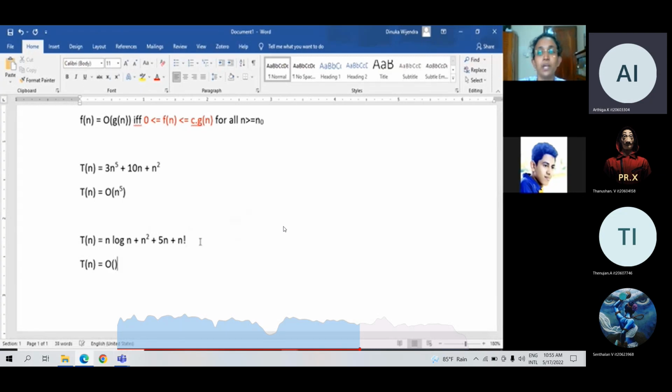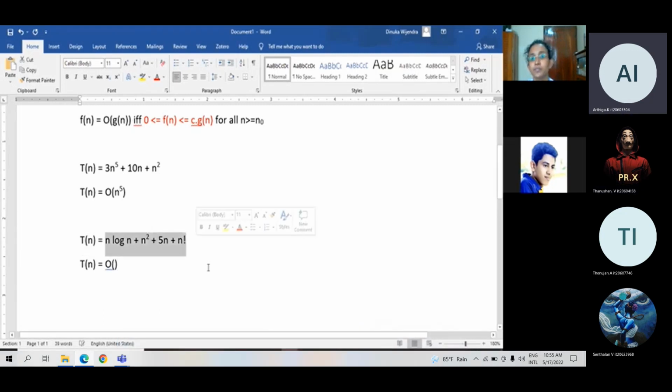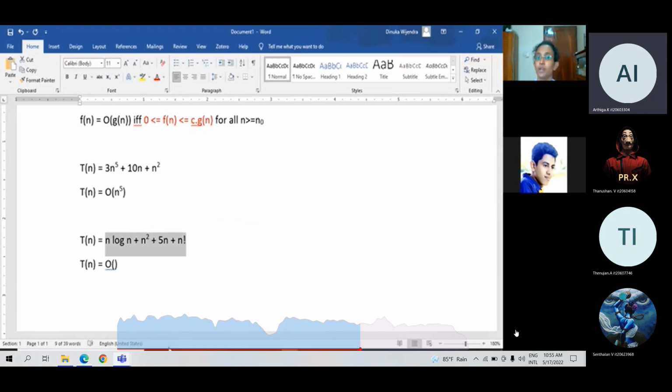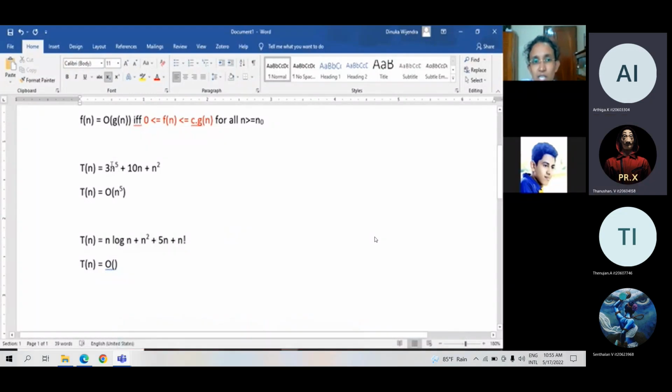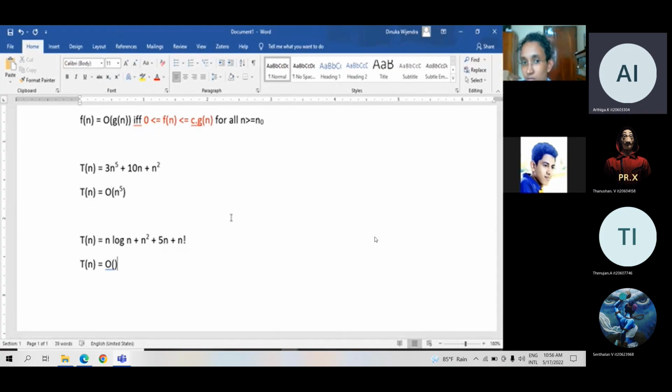So you know that big O means the upper limit. If you have this kind of a question, how to find the big O value? If you have n^5, n and n squared, you can say within 1 second that n^5 is the big one, the upper limit. But if you have n log n and factorial, all these things, like in the first question, you can't tell the direct answer.